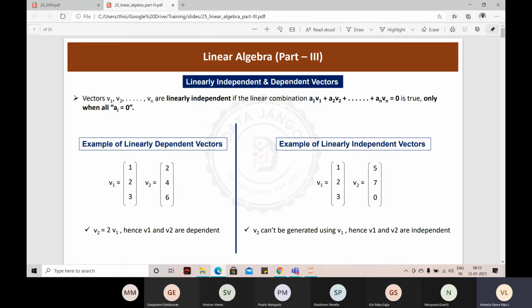Vectors v1, v2, and so on up to vn are linearly independent if the linear combination equal to 0 forces all the coefficients to be 0. Somehow you take some coefficients, multiply and add, you get 0. See this here? You multiply v1 by -2 and add v2, that is v2 plus -2 v1, you get the 0 vector, all zeros. Do you agree?